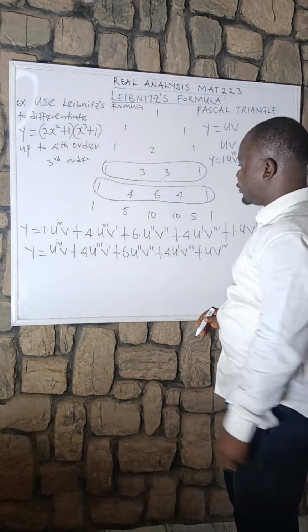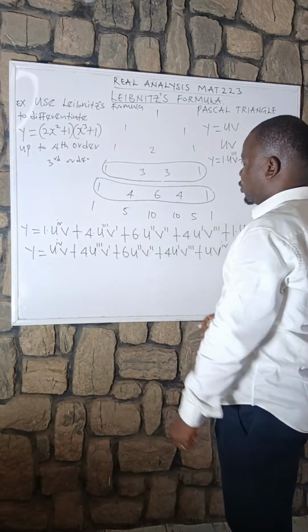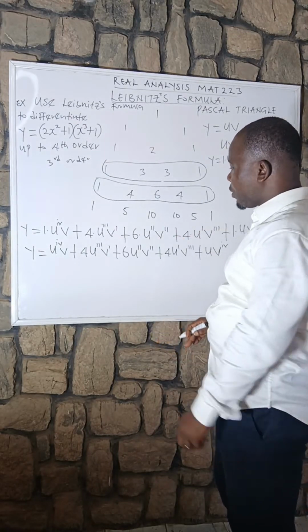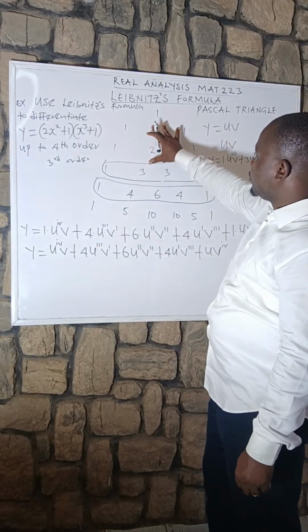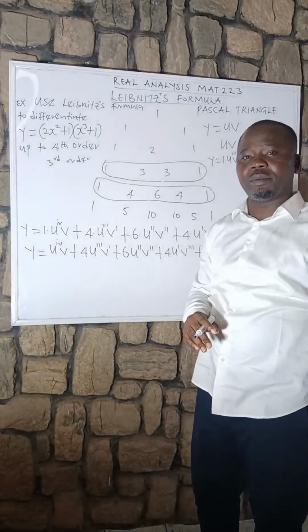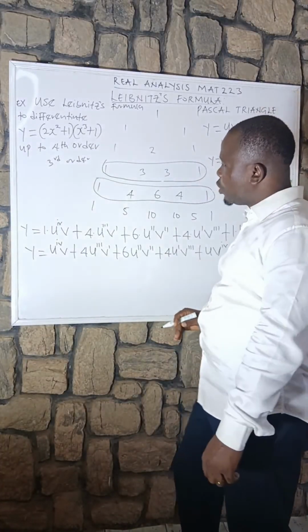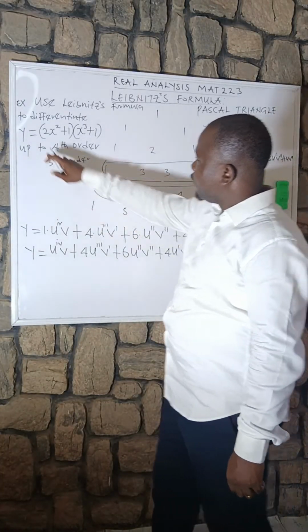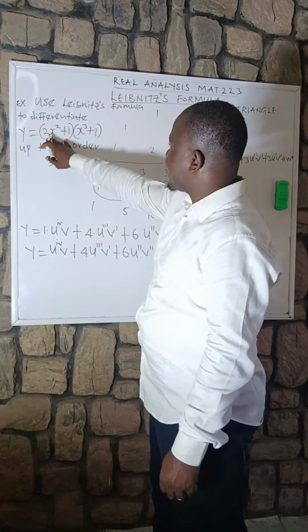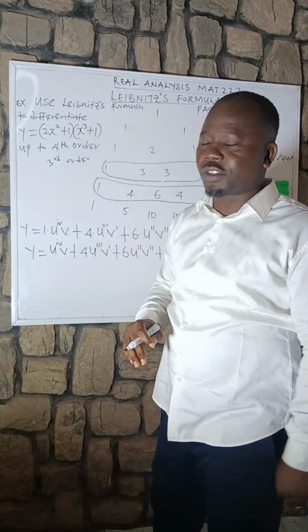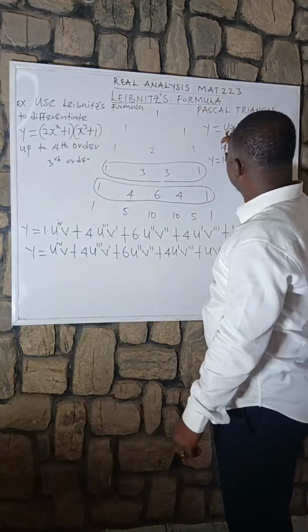Can you see now? So this is what you are going to do. You have to first get the formula using this Pascal triangle. Is that clear? So now we have the function here. The function is a product, so you are going to use the product rule, and the product rule is of this form.